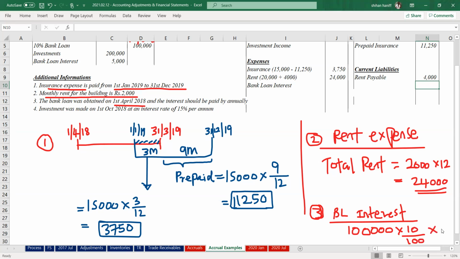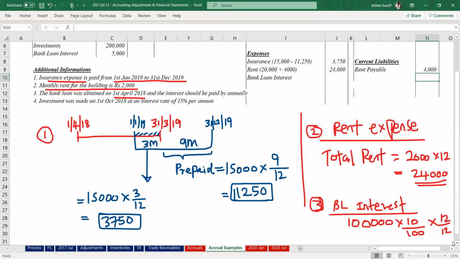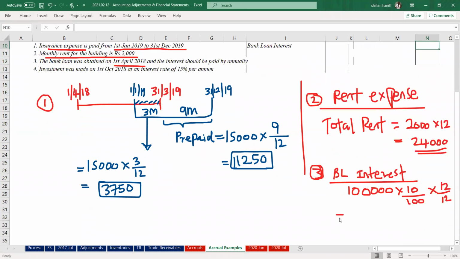It's for full year, 12 months. So 12 over 12 means it's 1. Then total interest for the year is 10,000.